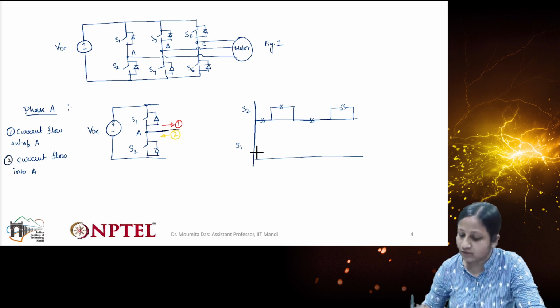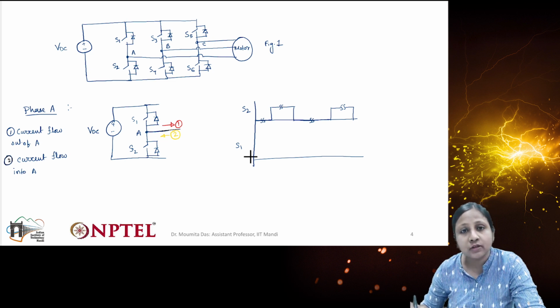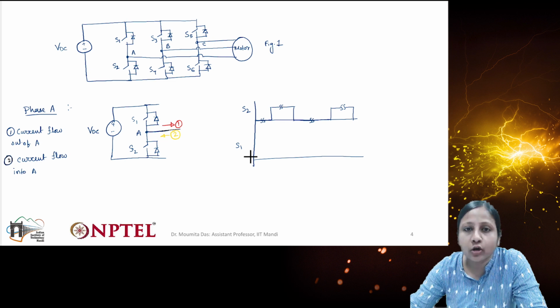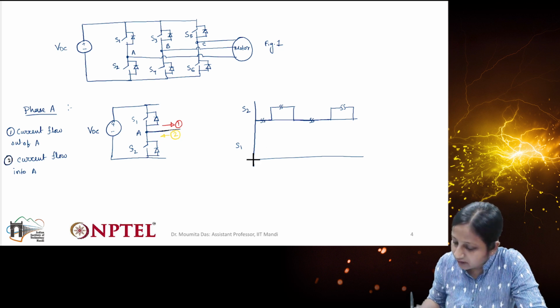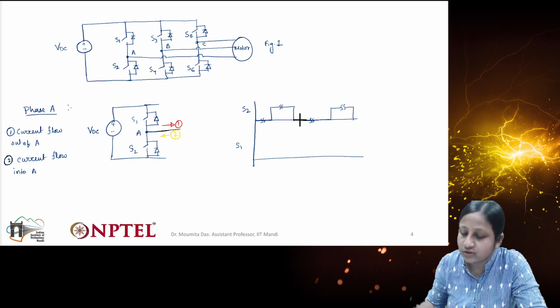But this is not the only condition. When switches S1 and S2 are turning on and off, there has to be some dead time in between. Otherwise, as you know, due to the rise time and the fall time, there can be a situation where both the switches are on. In order to avoid that, we need to provide proper dead time between these two switches, so that we can avoid any short circuit condition in the circuit.